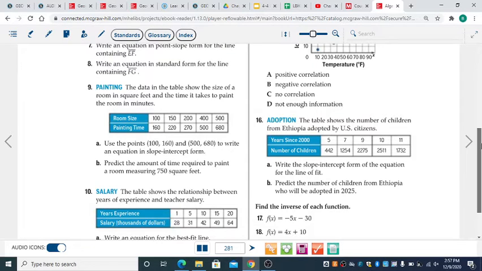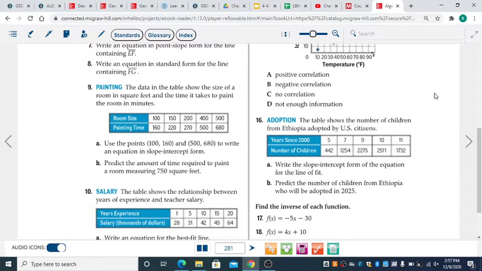I don't think it says minutes or hours. Okay. So we're going to say 1,005. I don't know what that means, minutes or hours, but hopefully it doesn't take that many hours. Holy cow, that'd be a long time. So anyways, that's what I got for that one.